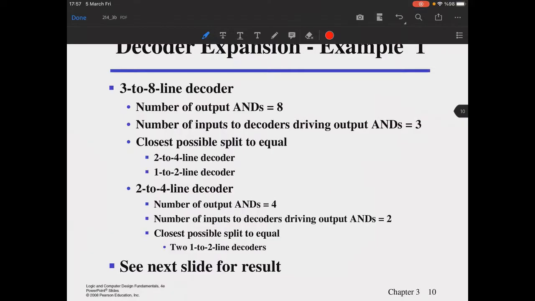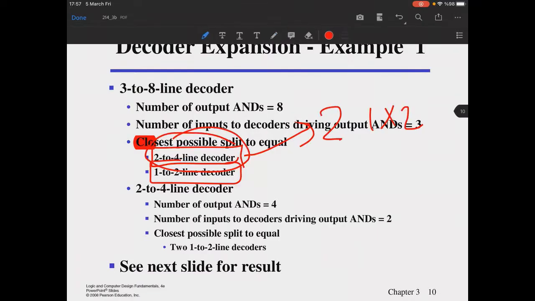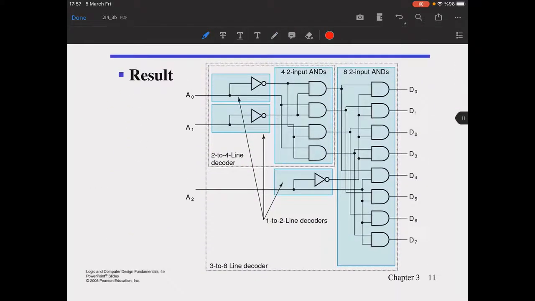It's obvious that you can implement this with a 2 to 4 line decoder and a 1 to 2 line decoder. And what is in a 2 to 4 line decoder? There will be 2 1 to 2 line decoders again. That's it. So when you implement it like this, the solution would be pretty straightforward.